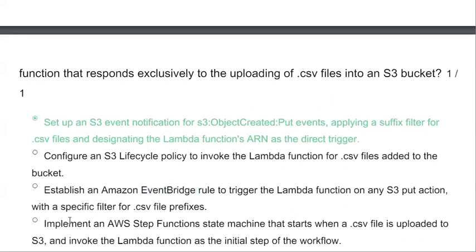What about the other option, a Step Functions state machine implementation that starts with CSV file uploading to S3 and invoking the Lambda function as the initial step of the workflow? So here we are doing both things with Step Functions. That's not the case.